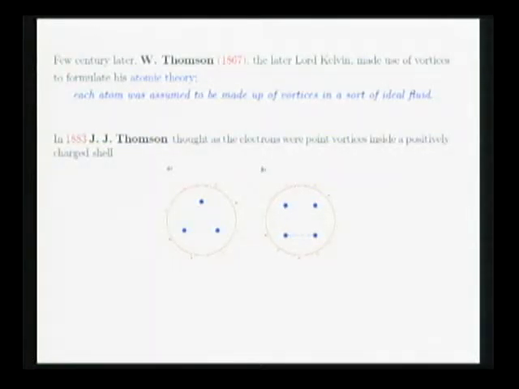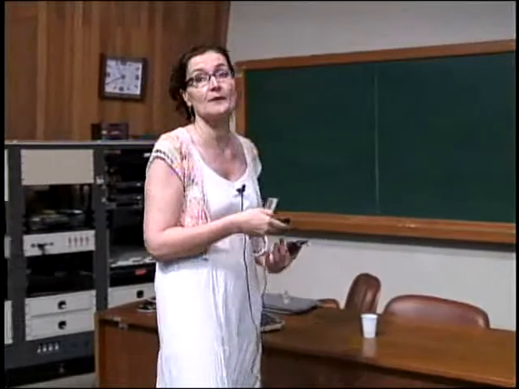But the idea was roughly that the atom was positively charged in this outer layer, and the electrons were sort of vortices. To balance the repulsion and attraction, they arranged themselves into regular polygons. So the question was, what's the maximum number of vortices or electrons that I can put before this structure breaks down?